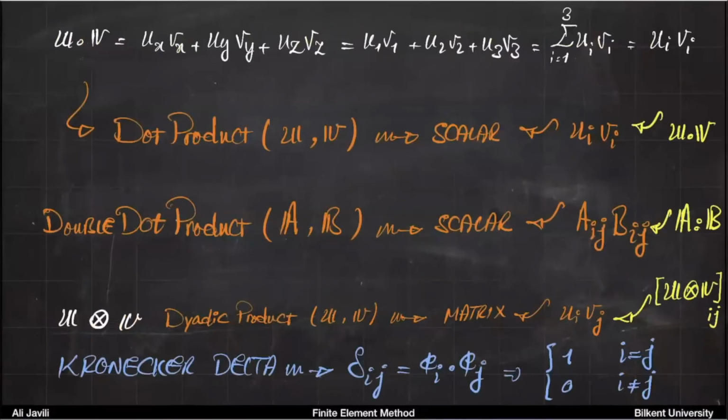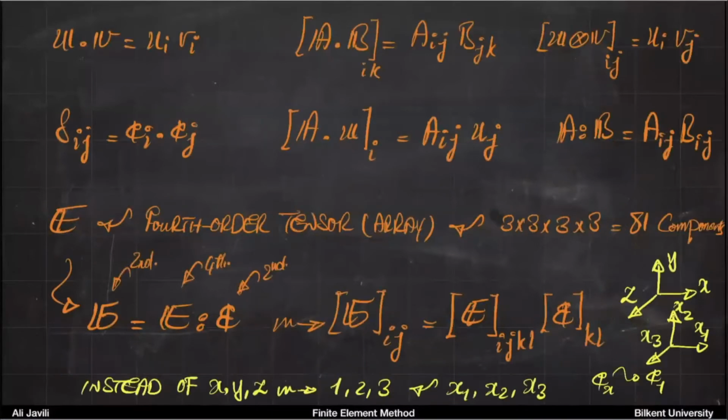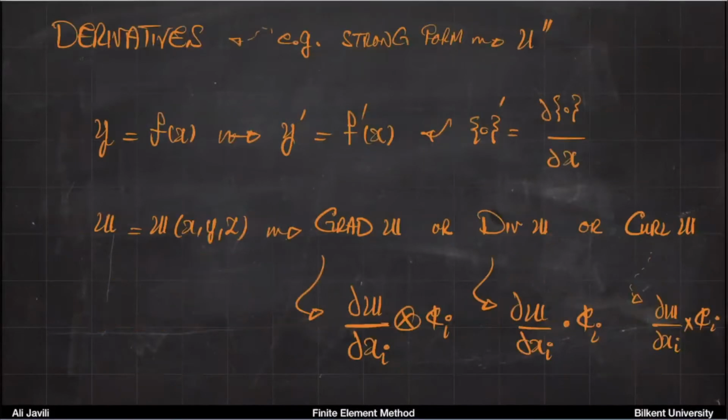We introduced the double dot product and also the Kronecker delta that we will also use in this lecture in particular. And then we also said that now using this index notation, you can write the material response, the Hooke's law, in a very nice compact form using basically the summation convention that we introduced earlier.